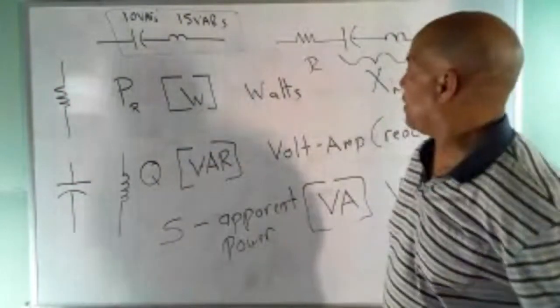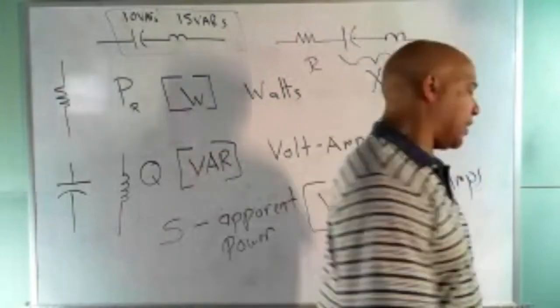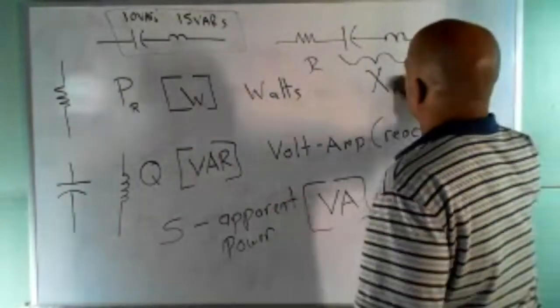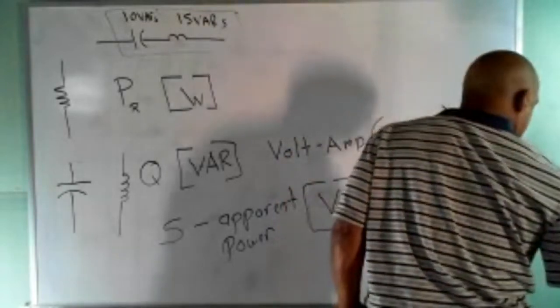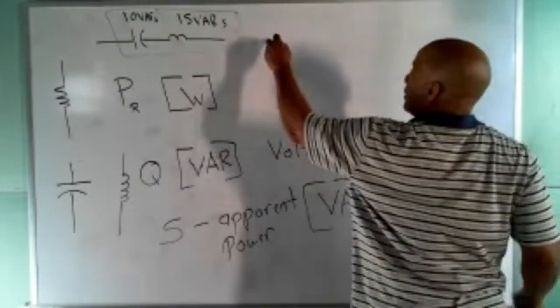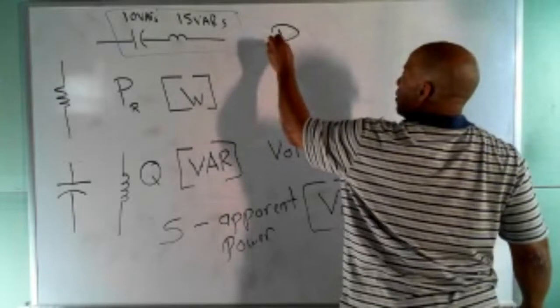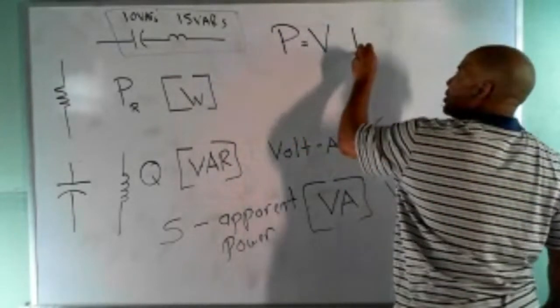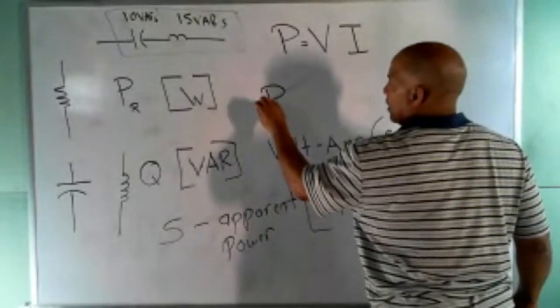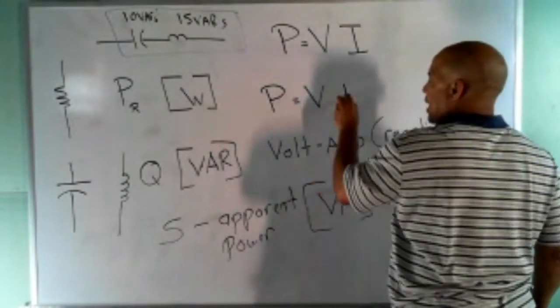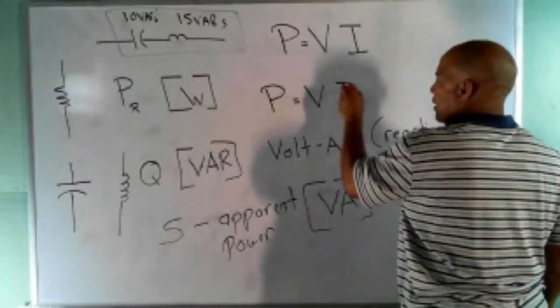You can see it if you go back to our fundamental power equation. Watt's law in DC was power equals voltage times current. In DC and AC, we write it the same way, but power equals voltage times current times this power factor.